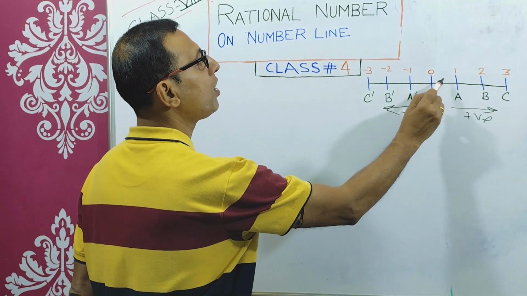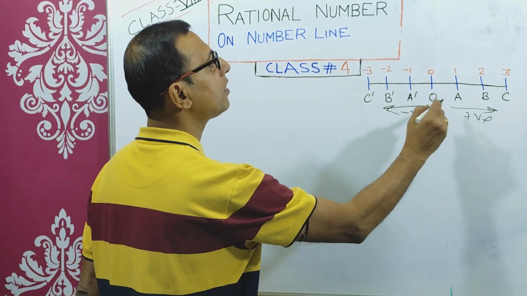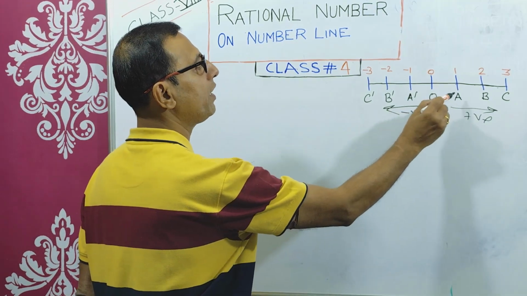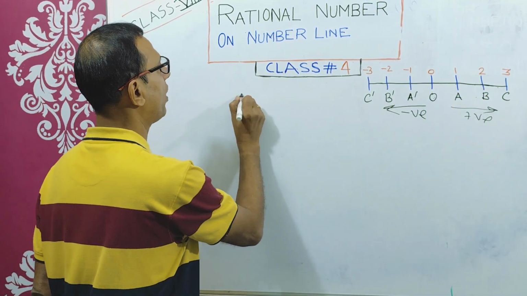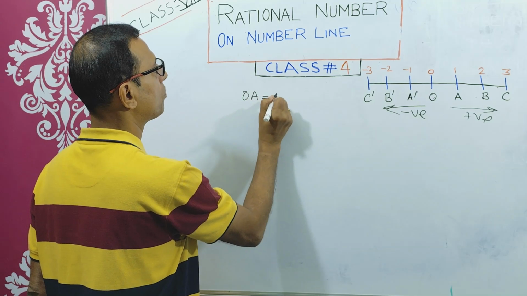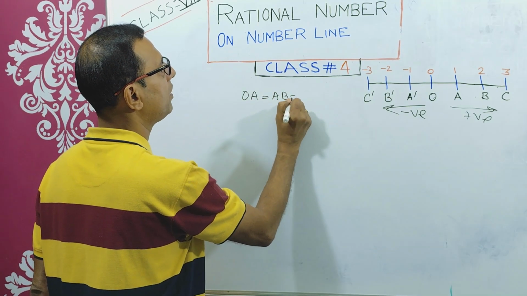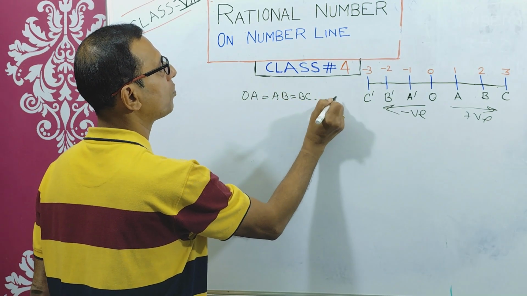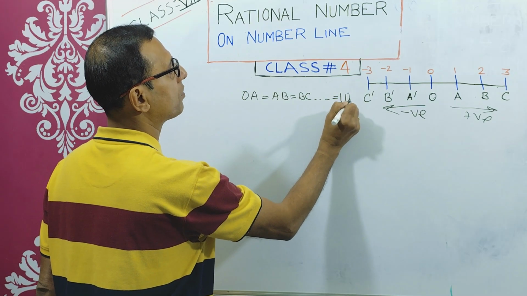So all the parts are equal, and consider this as 1 unit. So OA equals AB equals BC, and so on, equals 1 unit.